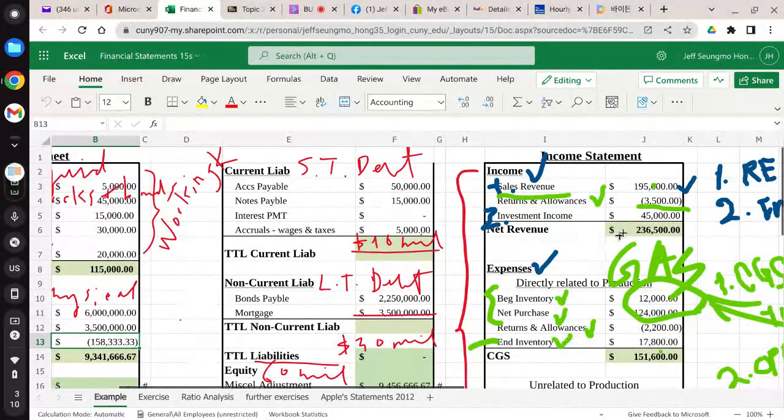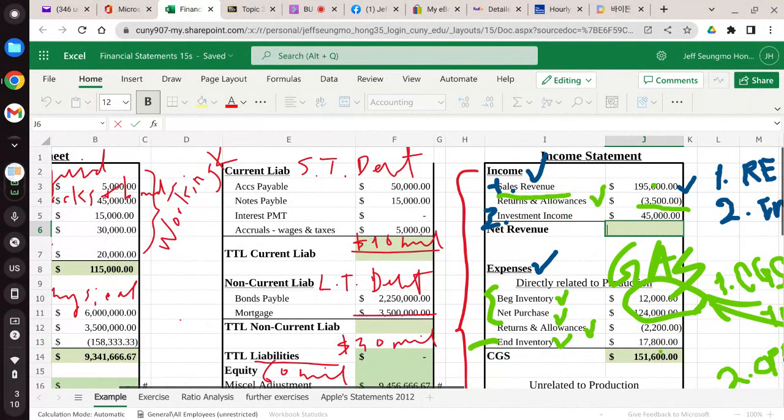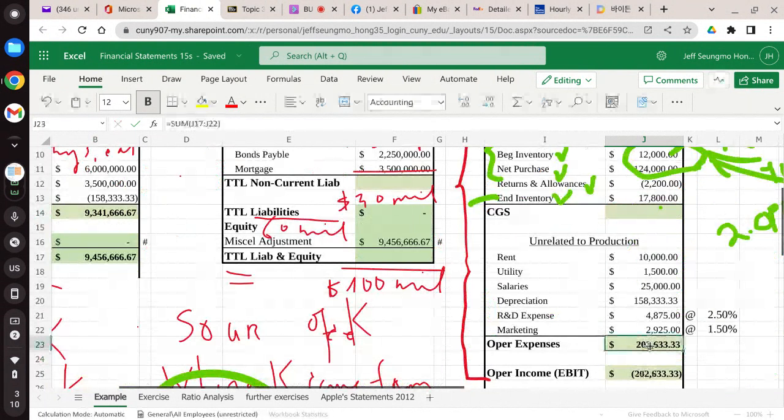Do you have these highlighted cells blank, or are they filled in? They should be blank, right? Just let me know.